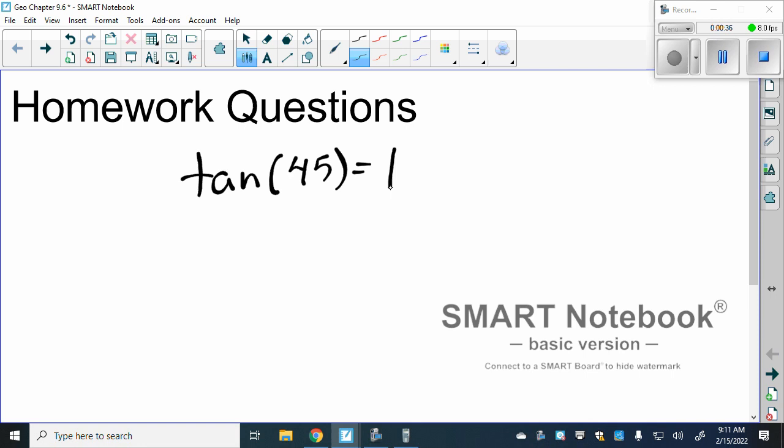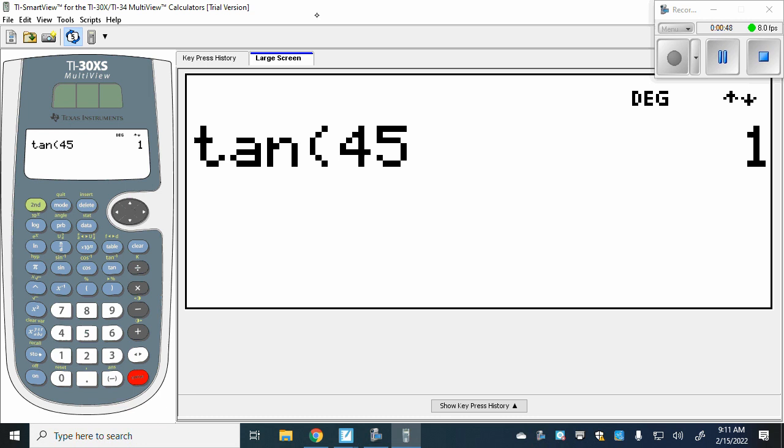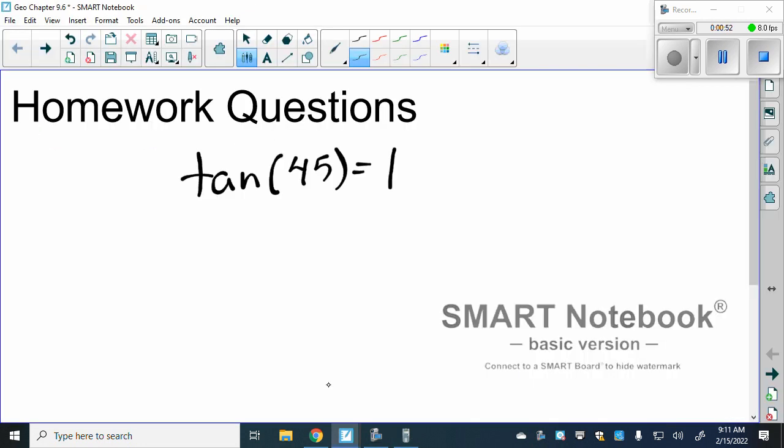Because we can type tangent of 45 into the calculator, as we did the same thing with sine and cosine, tangent of 45 degrees is 1. So we can plug these into the calculator and get an answer for sine, cosine, and tangent.